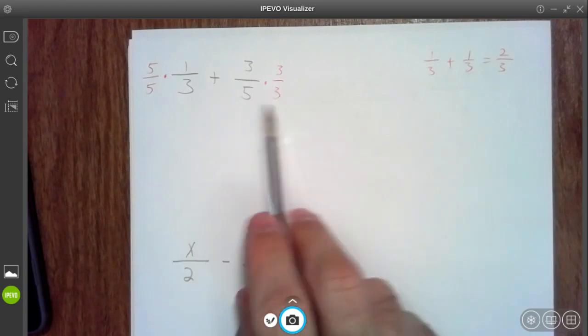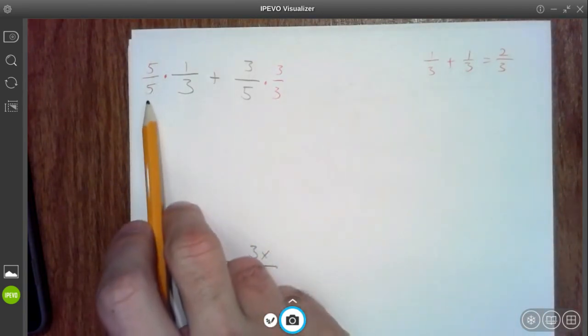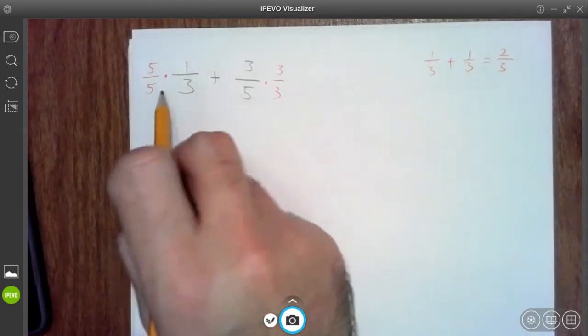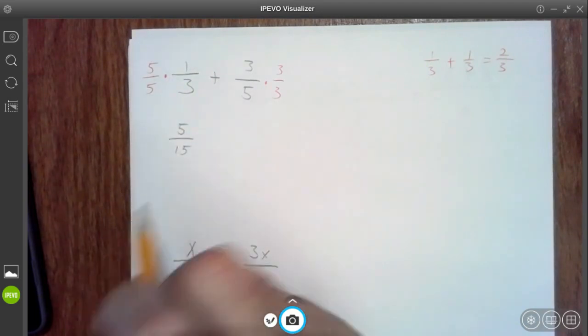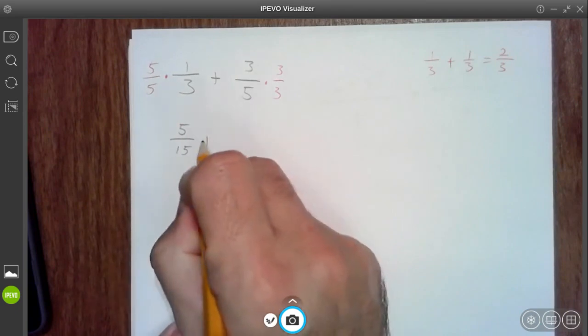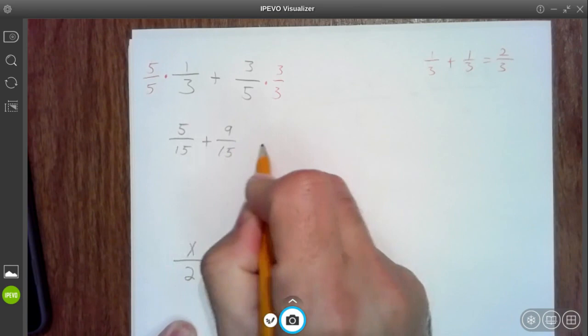Okay, and this is a fair move because 5 over 5 is just 1, and you're allowed to multiply by 1. It doesn't change the expression. So this is going to be 5 over 15. When you multiply fractions, you just multiply straight across. And then this one is going to be 9 over 15.